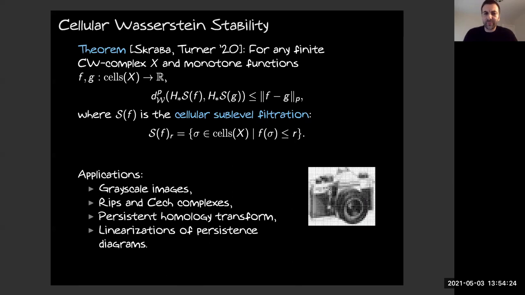And what the earlier stability result says, well, let me put it this way. Suppose that you take one pixel. I've got these white pixels here, and suppose you take one pixel and change it from white to black. That's a very small change in this image somehow. It's a small change in the data, but it creates a maximal change in the L infinity distance between the two functions.